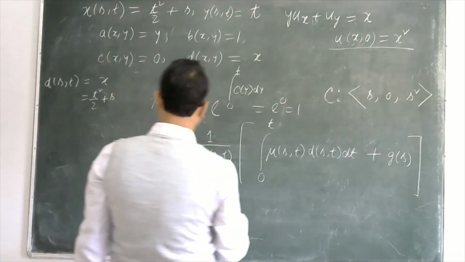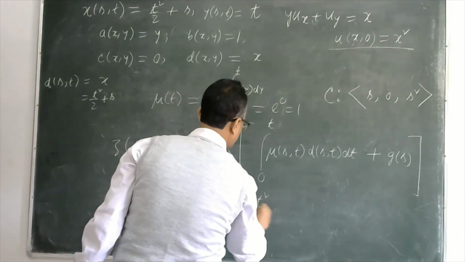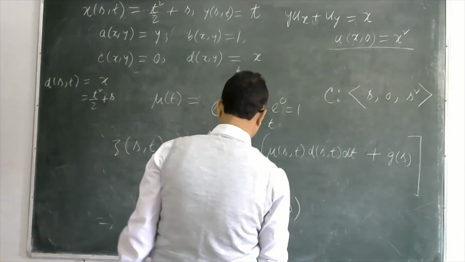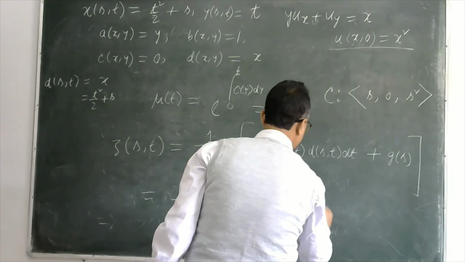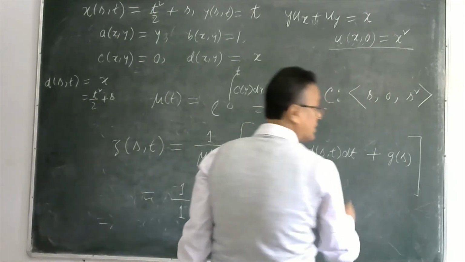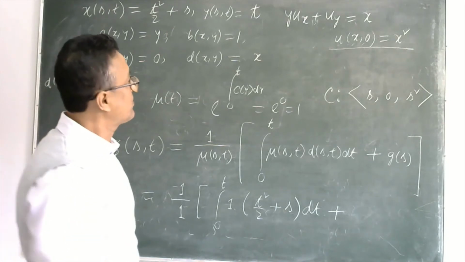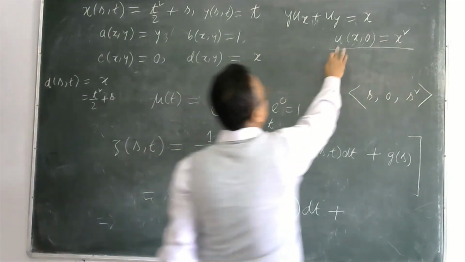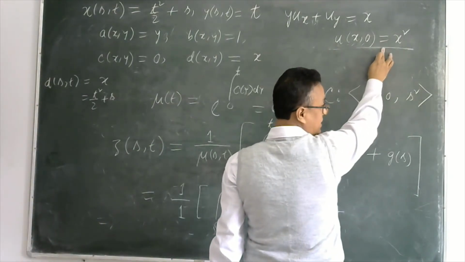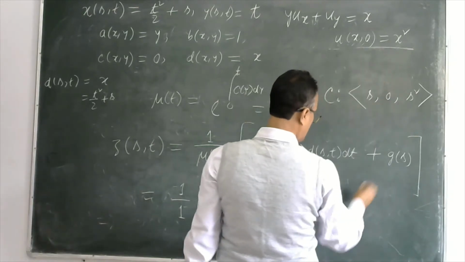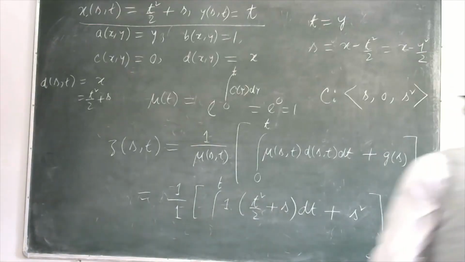Okay, so 1 into t squared by 2 plus s dt, and g(s), that was s squared, if you recall, right? Because it came from here. So this is s.